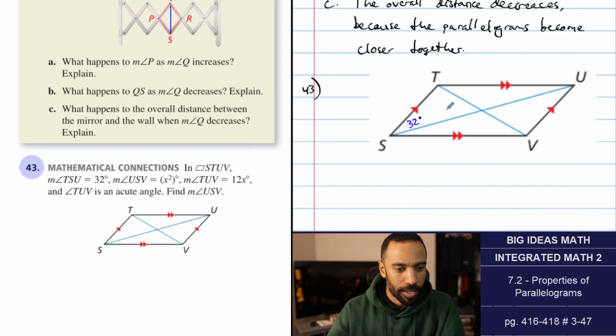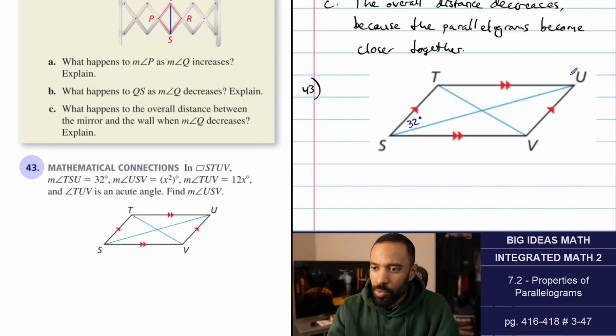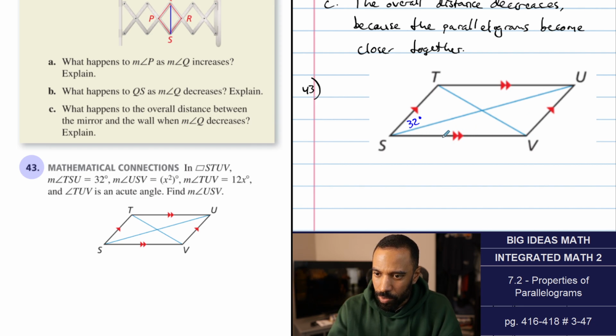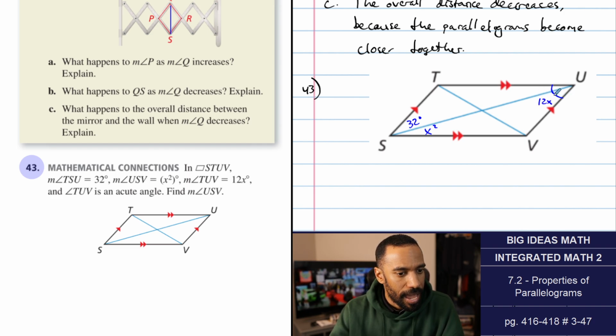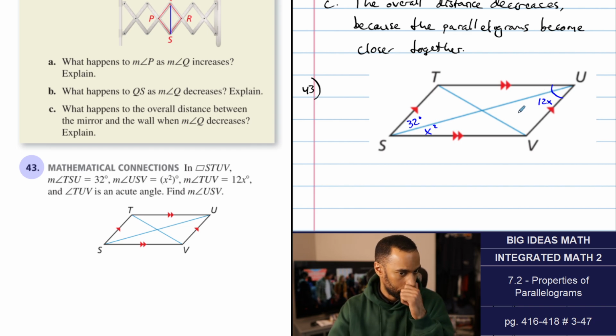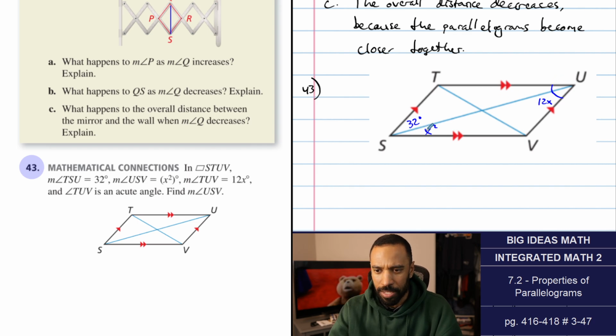Measure of angle USV, right there, is x squared. Hey, quadratics, x squared. Measure of angle TUV, this whole thing, is 12x, and angle TUV is an acute angle. Find the measure of angle USV.